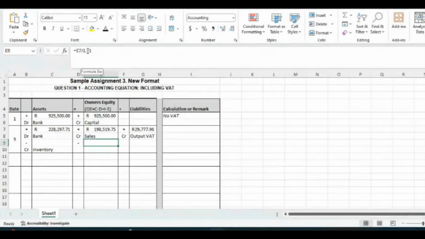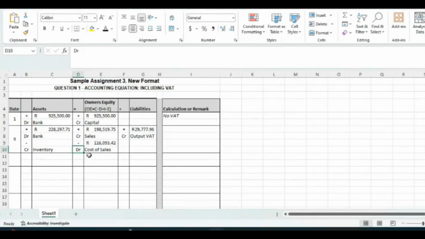We know that there's a markup on cost of 71%, so we can divide by 1.71. Then we get 116,093 rand and 42 cent. That is cost of sales, and that is of course going to be debited.